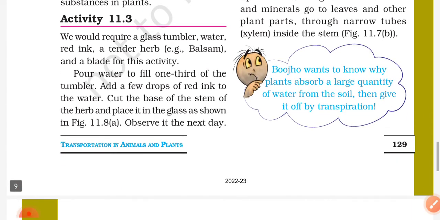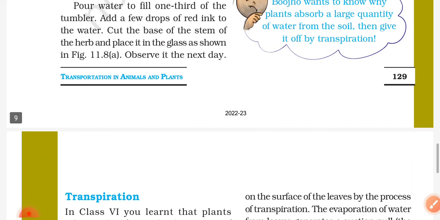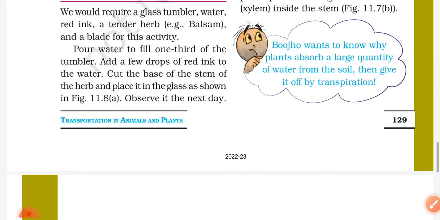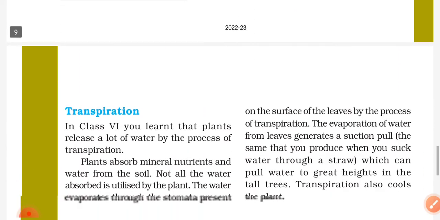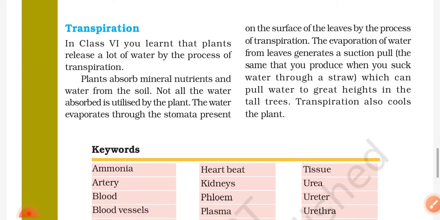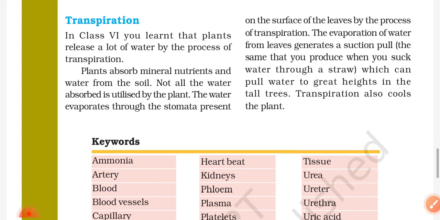Figure 11.7b. Bojo wants to know why plant absorbs a large quantity of water from the soil, then gives it off by transpiration. In class 6, you learned that plants release a lot of water by the process of transpiration. Plants absorb mineral nutrients and water from the soil. Not all the water absorbed is utilized by the plant.